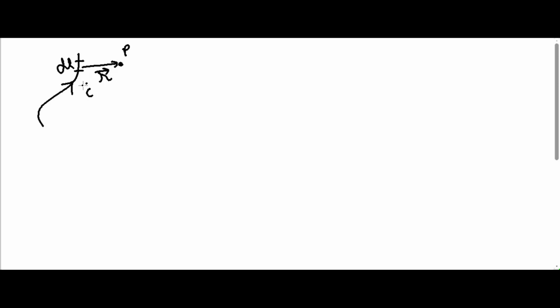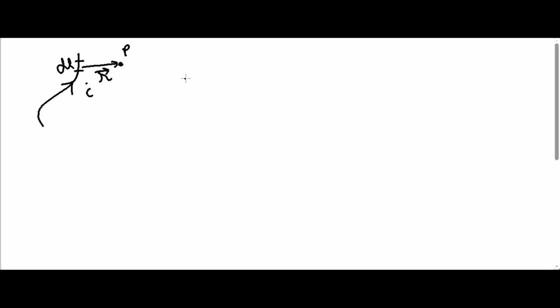Let us find the magnitude of the magnetic field produced by this small wire dl at a point P which is at a distance r from it.